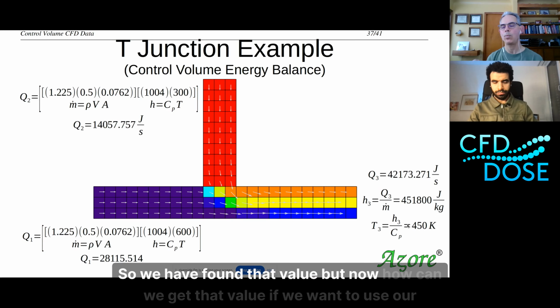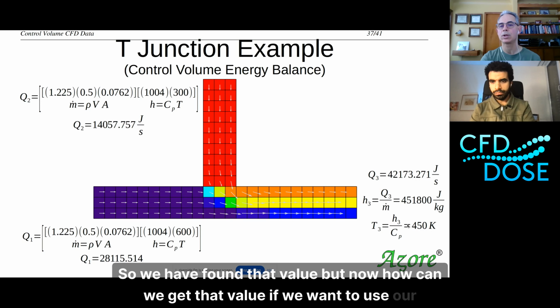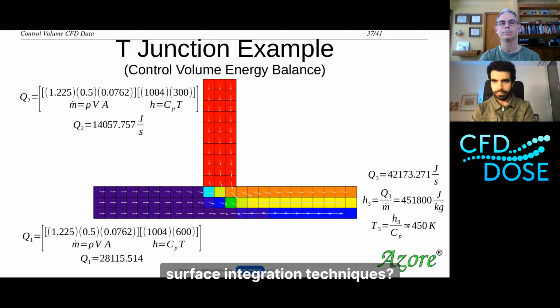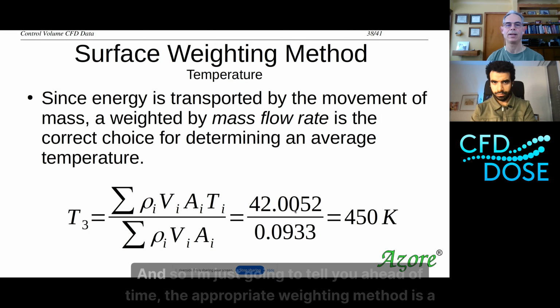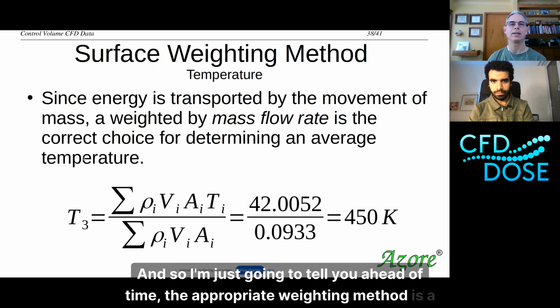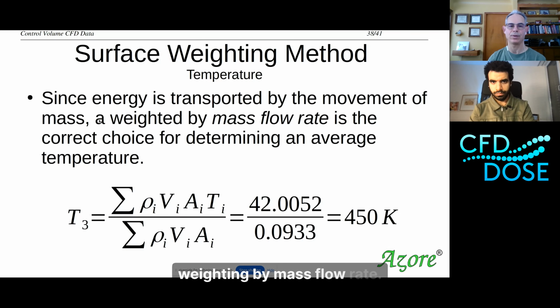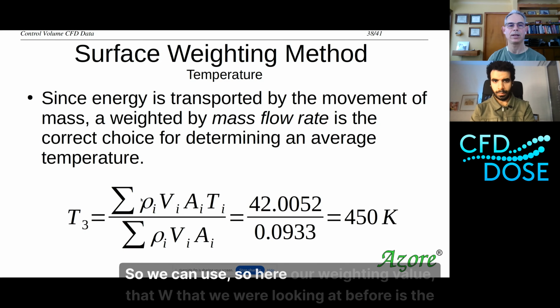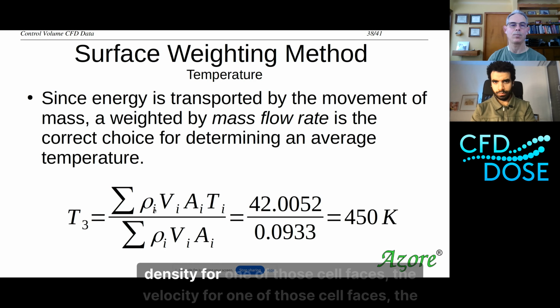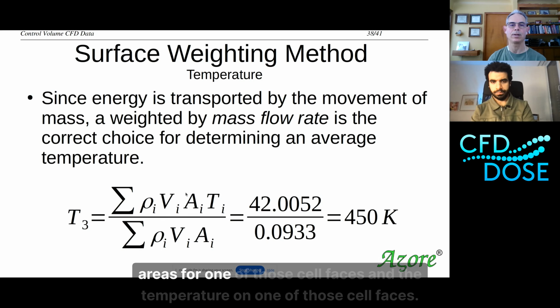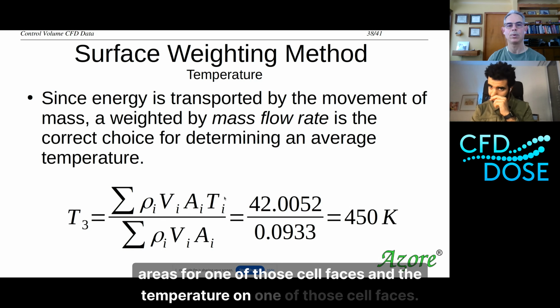But now, how can we get that value if we want to use our surface integration techniques? We can use our surface weighting method. I'm just going to tell you ahead of time, the appropriate weighting method is a weighting by mass flow rate. So here, our weighting value, that W that we were looking at before, is the density for one of those cell faces, the velocity, the area, and the temperature on one of those cell faces.